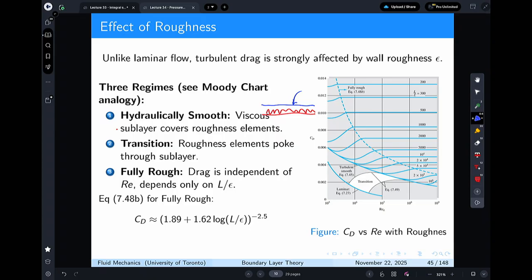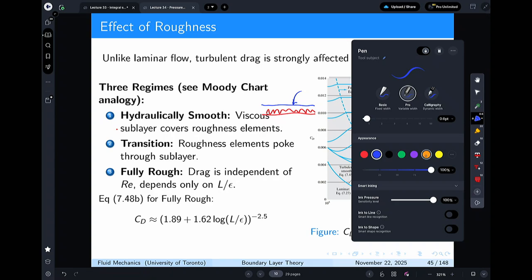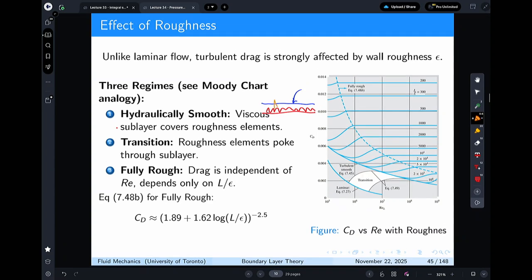Transition, you start to see some poking through of these roughness elements. So they affect outside of the viscous sublayer. And because they do that, they are starting to change the flow. And that's when you get into these rough conditions.